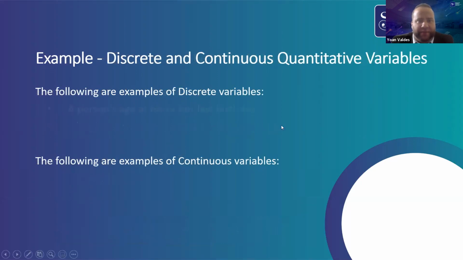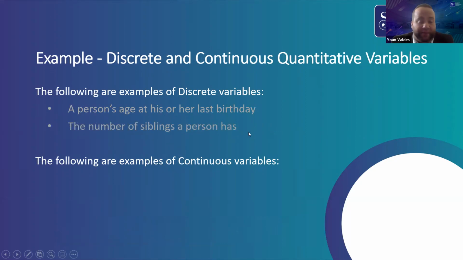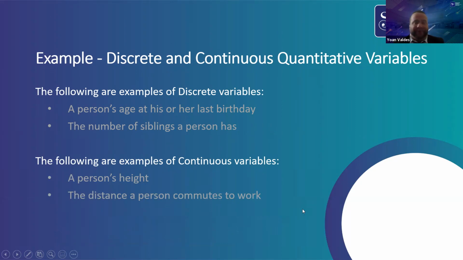For the discrete variables, the discrete could be a person's age as of last birthday, and the number of siblings that the person has. The continuous variables could be a person's height and the distance the person commutes to work. Something that I want to clarify is that a discrete variable is always a whole number, okay?